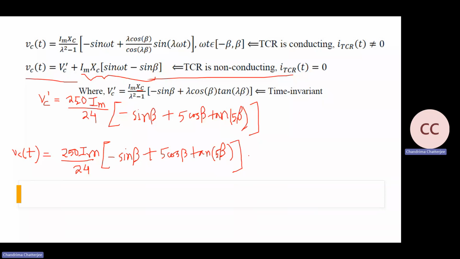After that we have 250 Im, and in bracket sine omega t. Omega is 100 pi, so sine 100 pi t minus sine beta again.